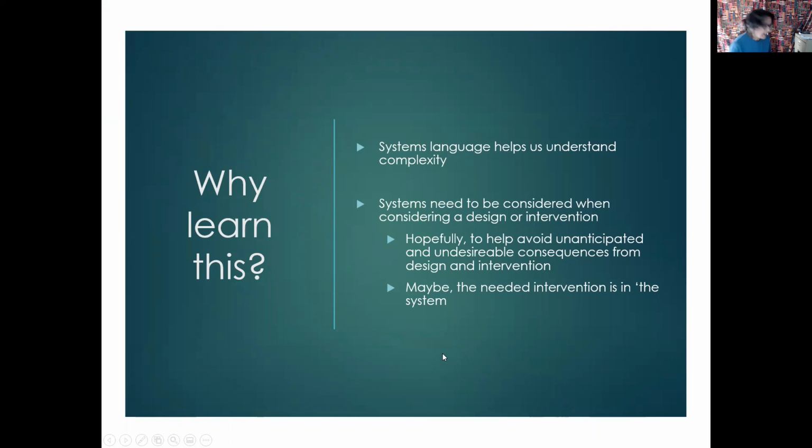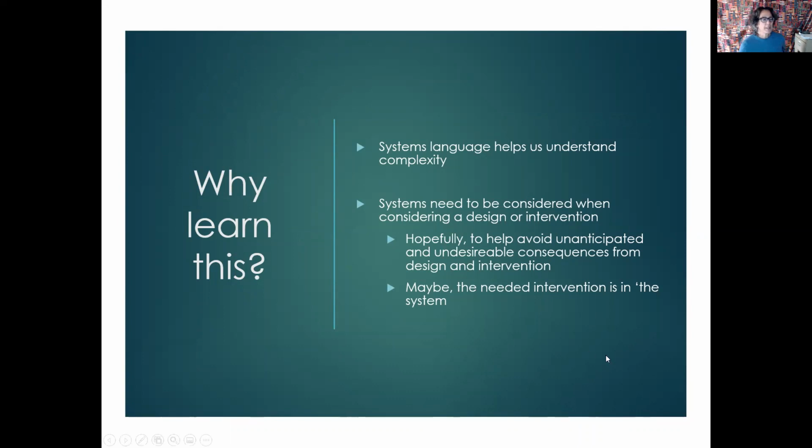So why are we learning this? It all seems pretty abstract. Well, as I already talked about, I see sustainability and resilience as system properties. So it's very important from that point of view that we understand what systems are. I also think that learning to look at systems helps us understand complexity and helps us understand how to make our ideas more effective and more implementable.